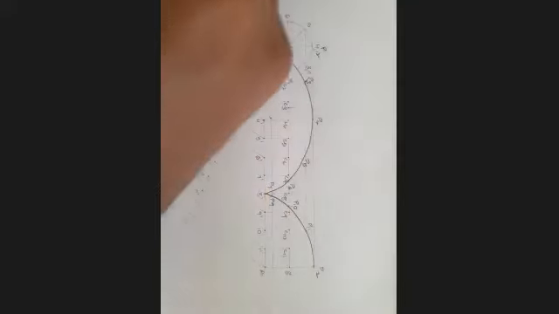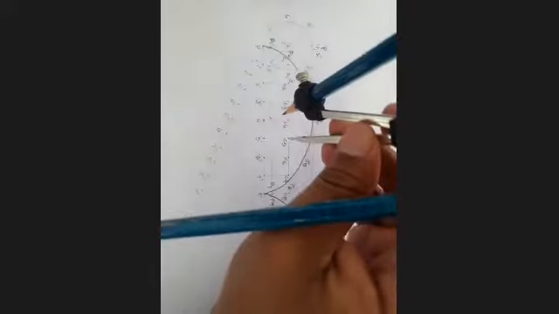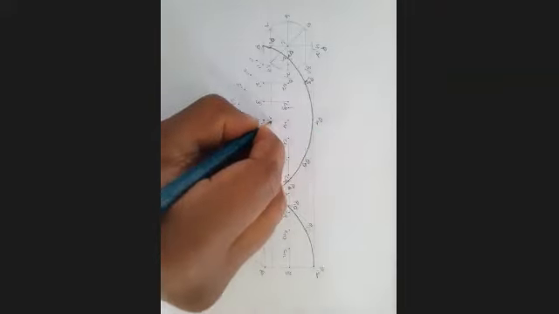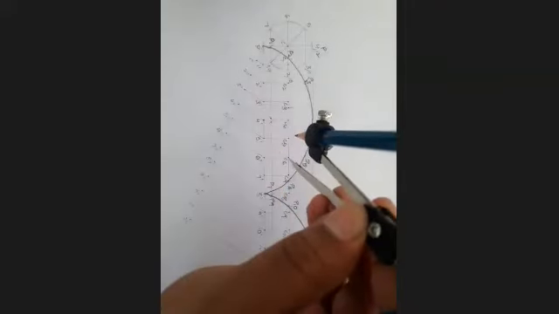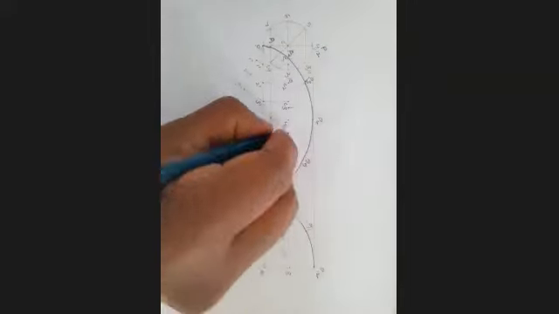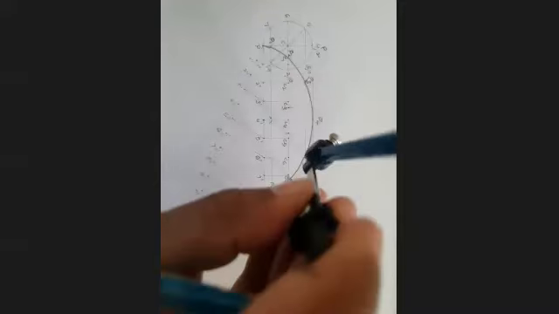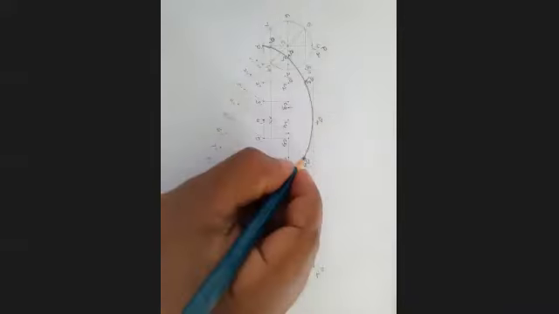Next, C5 on the fifth line. You see this. Next, C6, next line, like that you need to cut. Next, C7, next line.